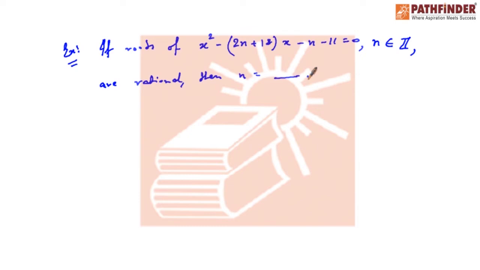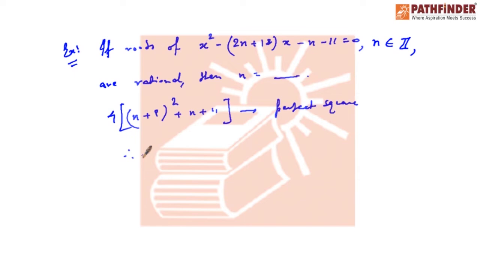Now of course discriminant of this equation must be a perfect square, so b square minus 4ac, that is 4 times n plus 9 whole square plus n plus 11, this must be a perfect square, and obviously this implies that since 4 is already a perfect square, we have n square plus 19n plus 92 must be a perfect square.